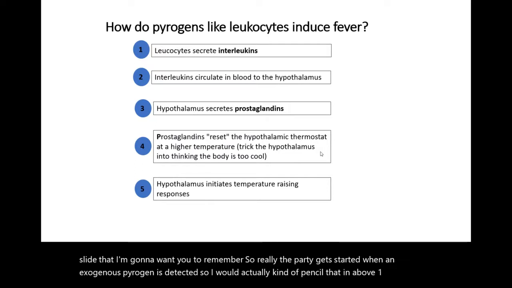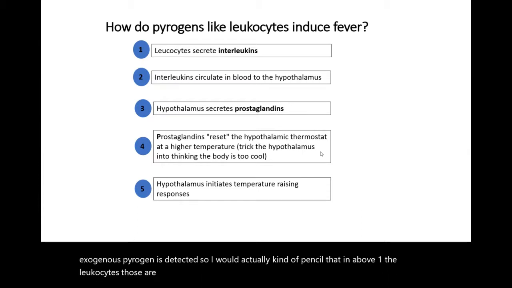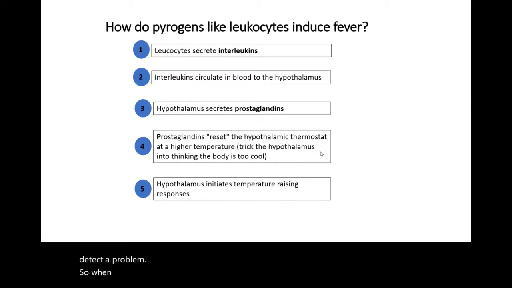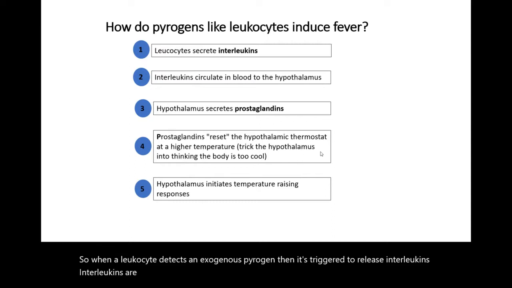The leukocytes, those are our white blood cells, our immune cells, and they have to first actually detect a problem. So when a leukocyte detects an exogenous pyrogen, then it's triggered to release interleukins. Interleukins are an endogenous pyrogen. We make those to let the body know, hey, there's a problem, we need to bump up the temperature.